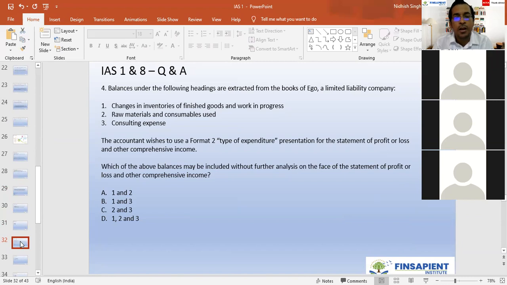So it's saying which of the above balances may be included without further analysis on the face of a statement of profit or loss and other comprehensive income. Like 1, 2, 3 expenses are there. How should those 3 expenses be reported? If you choose to report by function, you choose the function as that expense type. Which one should go for sure?